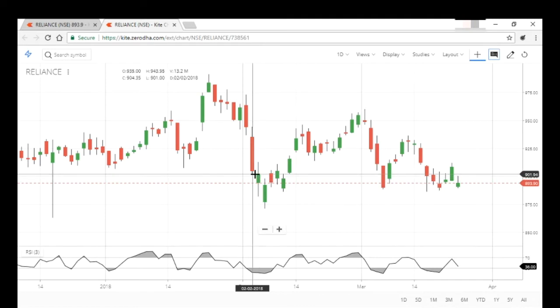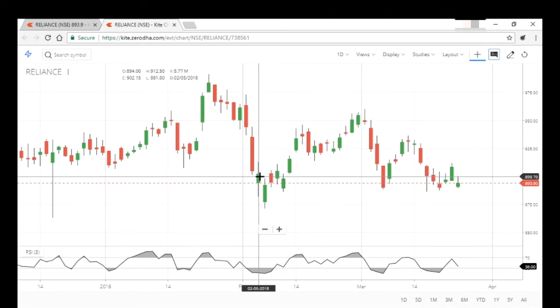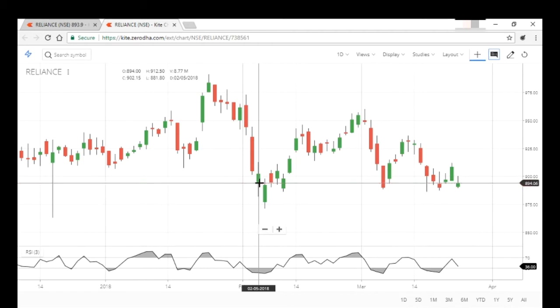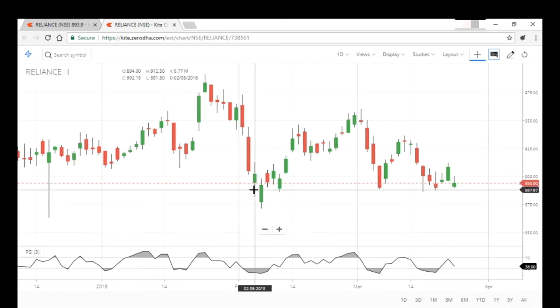So see the difference, around 40-50 rupees of difference there is. So it closed here, and the very next day it opened right here, and when it opened it started going down. You can see the tail of the candlestick.